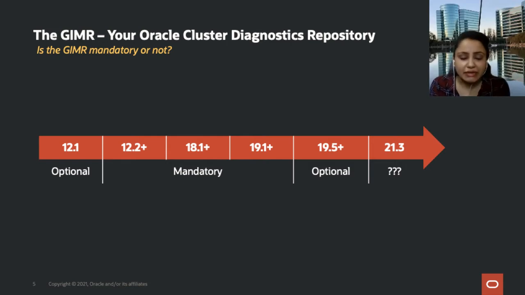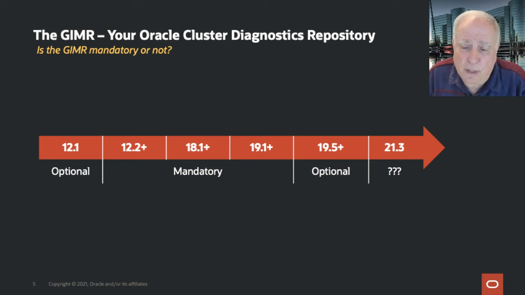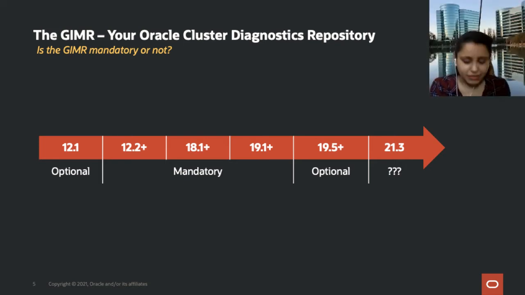From 19.5 to the ongoing 19 releases, it is non-mandatory again. But in 21, it is recommended as a best practice. So we recommend it as a best practice for 21 onwards. So even when it was optional, we were recommending that it's best practice to install it? Correct. We recommend it as best practice.